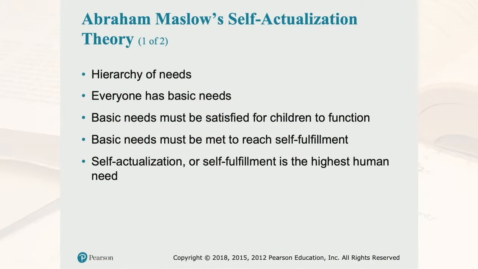Maslow developed a theory of self-actualization, and so with Maslow's theory, to reach the top, you had certain steps or certain needs that had to be met before you could reach that self-actualization. With Maslow, everybody has basic needs that need to be met, like food and shelter and clothing.